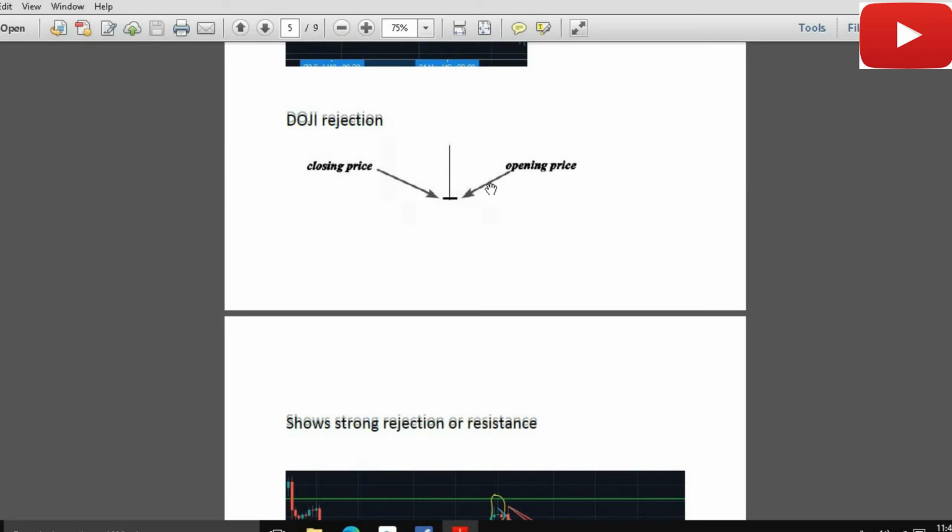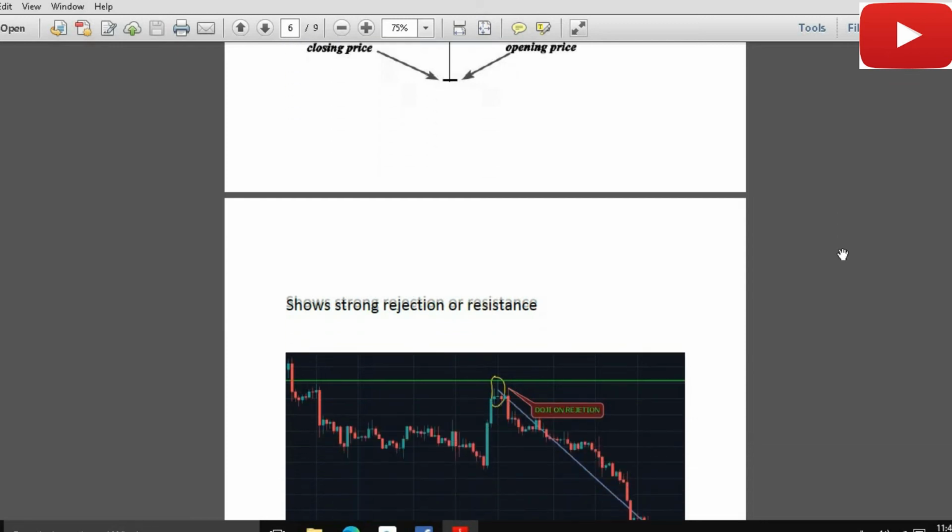You are going to see this at the point of resistance or support. Whenever you are at the point of resistance or support and you see this candle, then you get a strong buy or sell signal. Let us go to our graph to see what we are talking about.